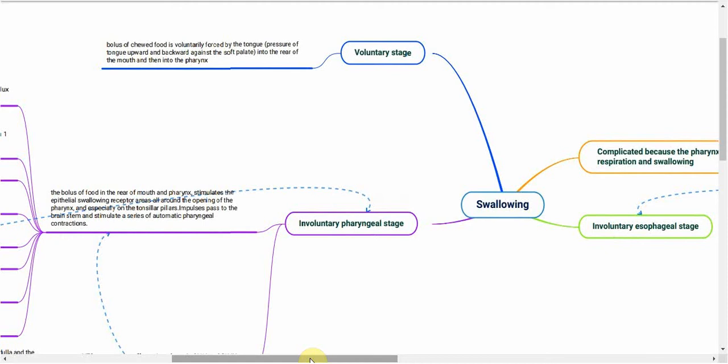So the rear of the mouth is basically the posterior part of the mouth. And how does the tongue propel the bolus of food in the mouth cavity into the rear of the mouth and then into the pharynx? It basically applies pressure on the bolus of food against the soft palate. The pressure is applied upward and backwards, and that is how the bolus of food is propelled.